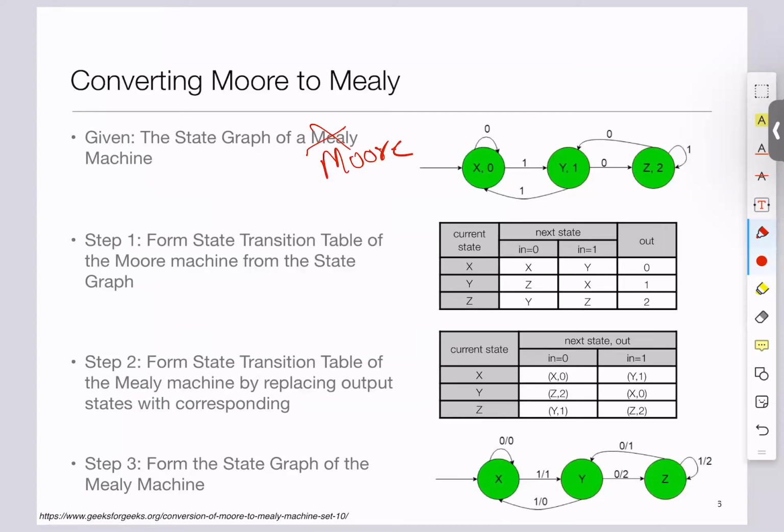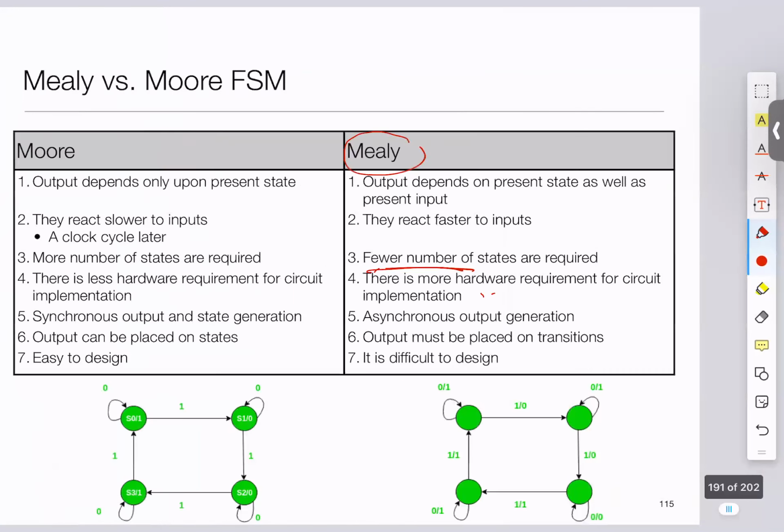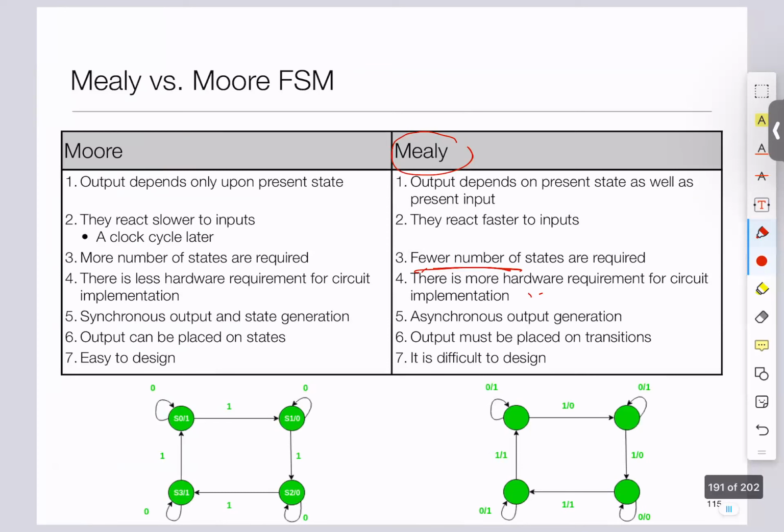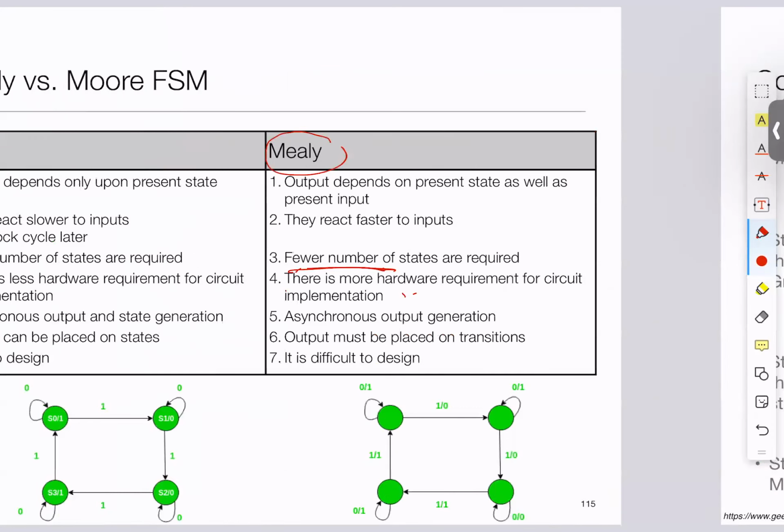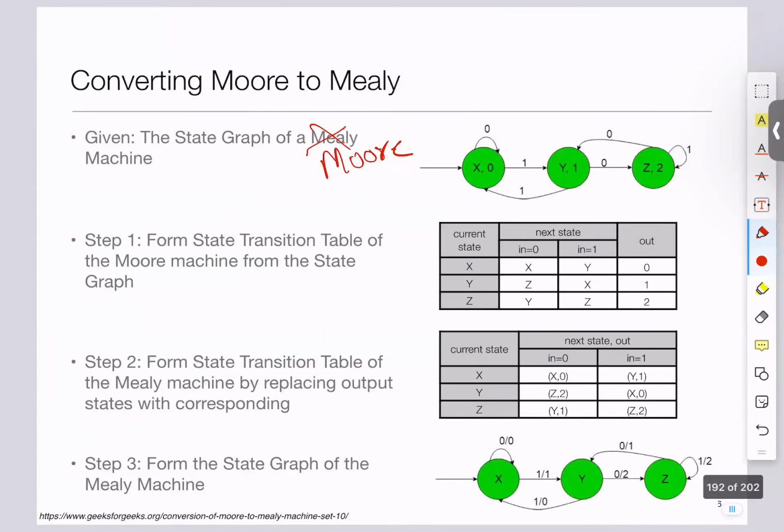Now you might argue Moore is just a special case of Mealy, so why do I want to do it? The reason is that by doing it, I may have fewer states. So the way we work is the following. We first write down the truth table for the Moore machine. This we have seen many times. Given a state graph, I can create this. The next state depends on the inputs, but the output is independent of the input.